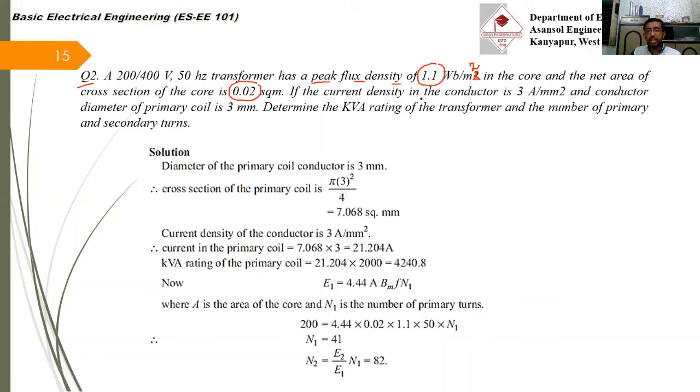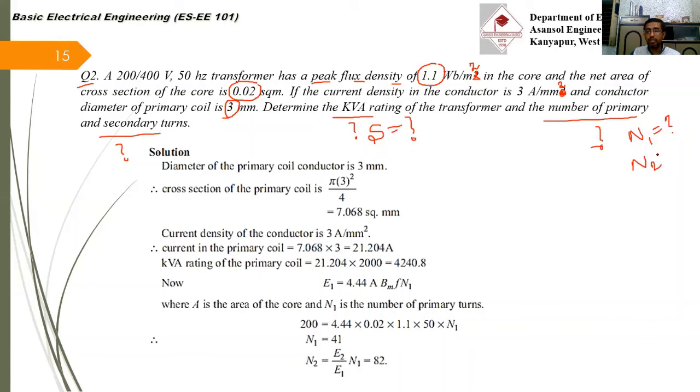If the current density in the conductor is 3 ampere per millimeter square and the conductor diameter of the primary coil is 3 millimeter, determine the kVA rating of the transformer and the number of primary and secondary turns. So determine the kVA rating, that means you have to find this S value, and the number of primary and secondary turns, that means the N1 value and N2 value.